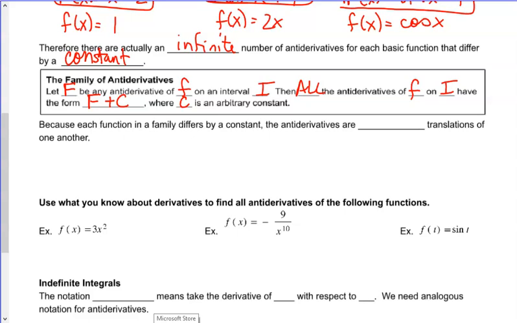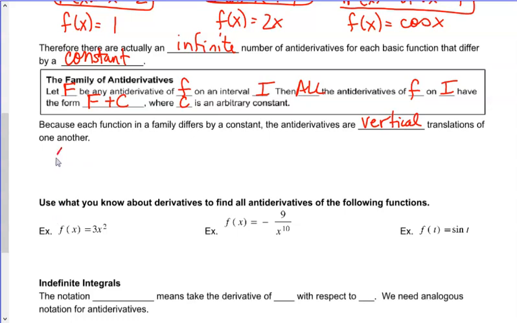Okay? So if we differ by c, it is the same function, you're just having it differ by a plus 1 or a minus 3 or minus 10, then the antiderivatives are all vertical translations of one another.